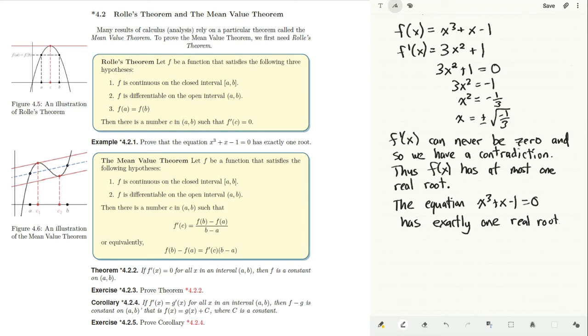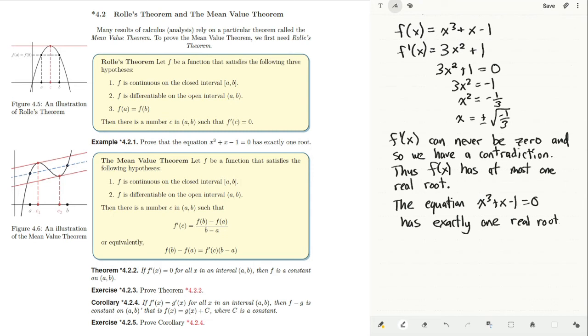Now let's introduce the mean value theorem. Now this theorem has two hypotheses. First, the function f is continuous on the closed interval from a to b, and second, the function f is differentiable on the open interval from a to b. So this theorem tells us that there is at least one c such that f prime of c is equal to f of b minus f of a all over b minus a, where c is between a and b.